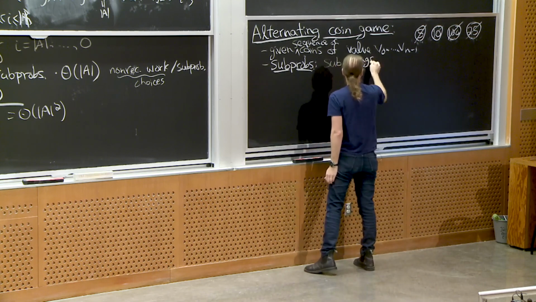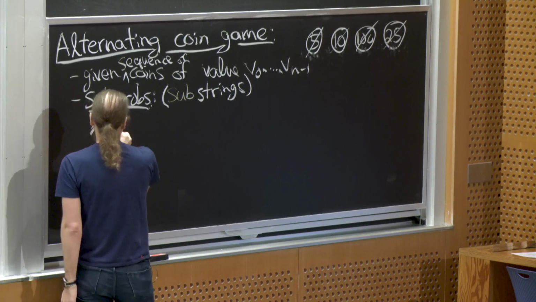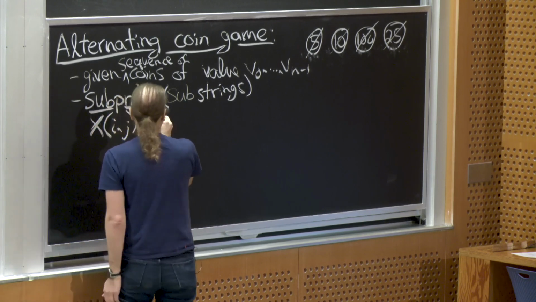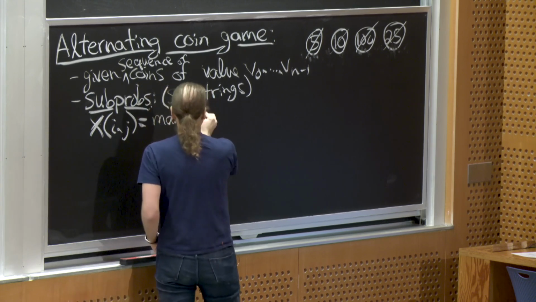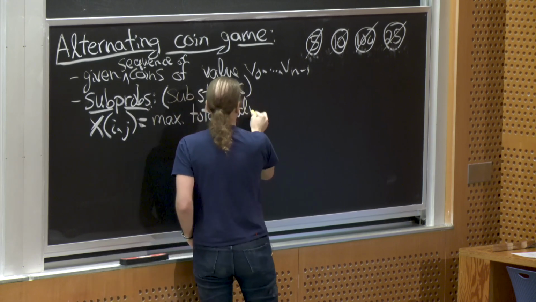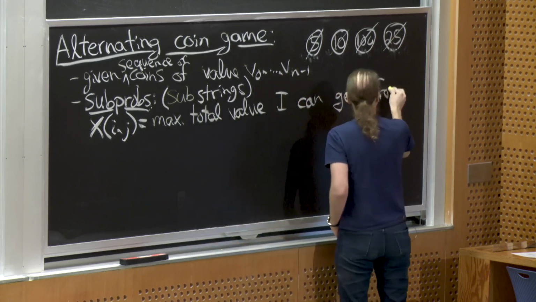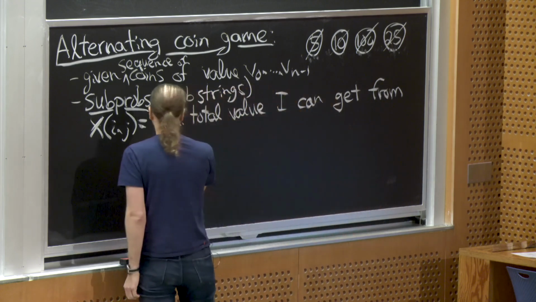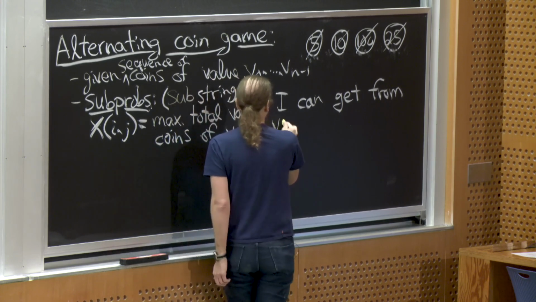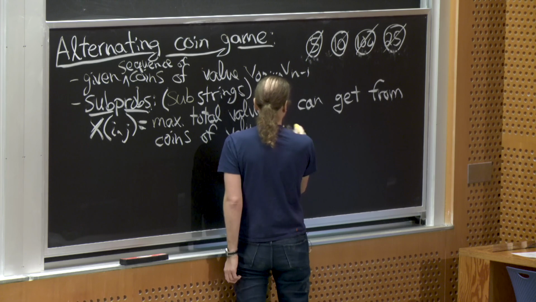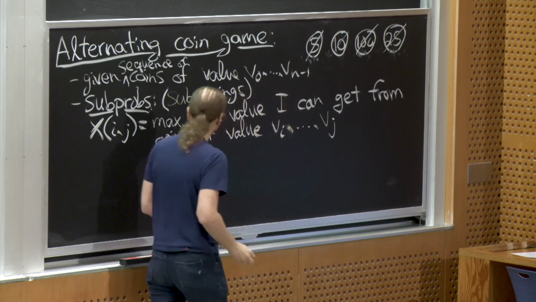So more precisely, this is just the intuition, we're going to define some generic x of i j to be the maximum total value I can get from this game if we play it on coins of value vi to vj. So that's a substring.